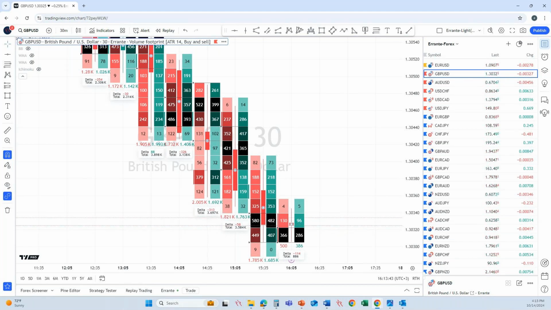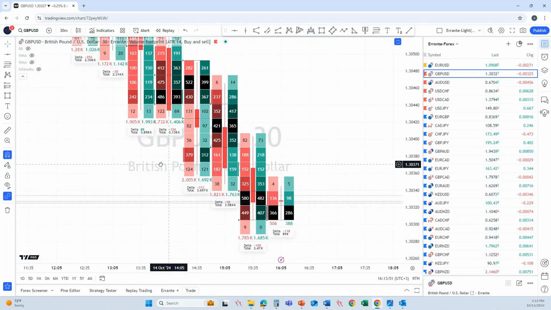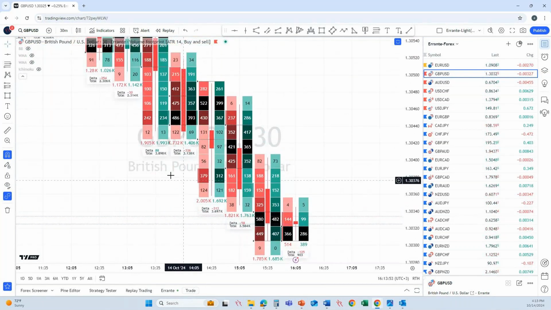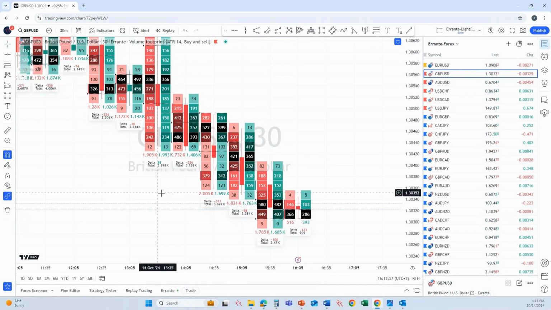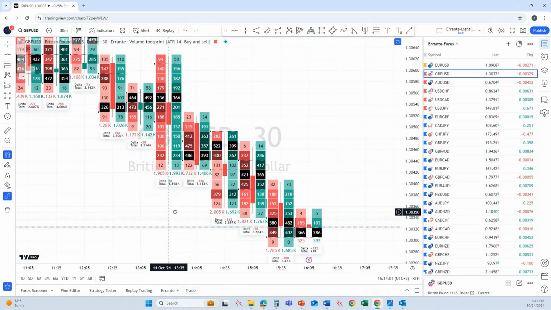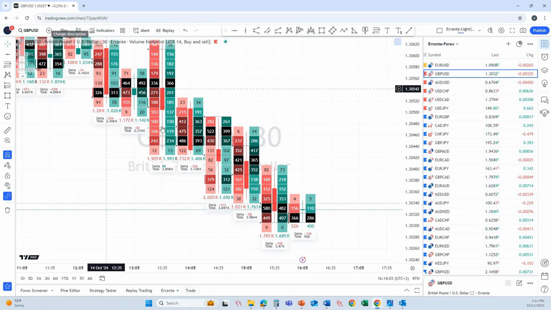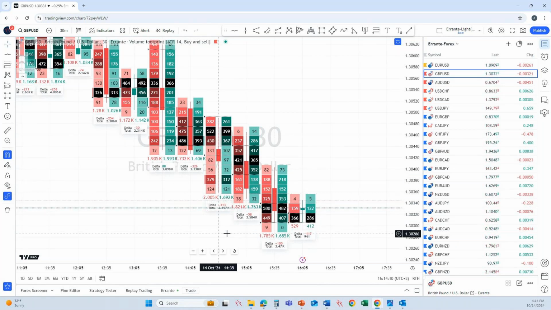For example, at the 336 mark in red, let us just go through one of these. Yeah, this is a 30-minute chart, and let's say for example this one.